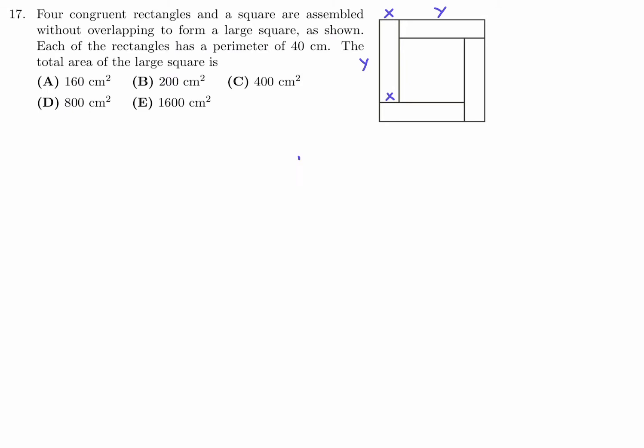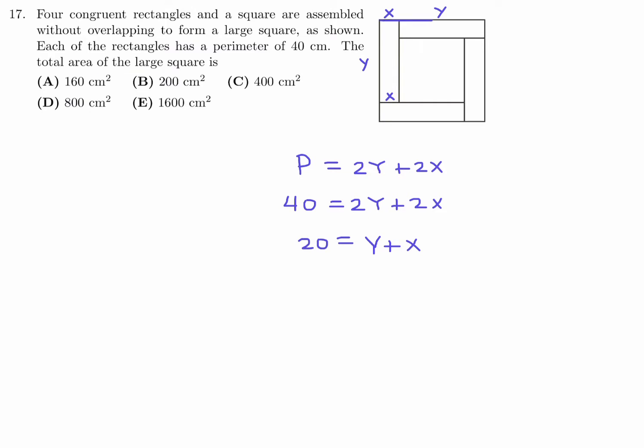So each of these rectangles has a perimeter of 2y plus 2x. And they tell you the perimeter is 40. So that means 2y plus 2x is 40. And therefore, y plus x is equal to 20. Now they want you to figure out the area of the large square.